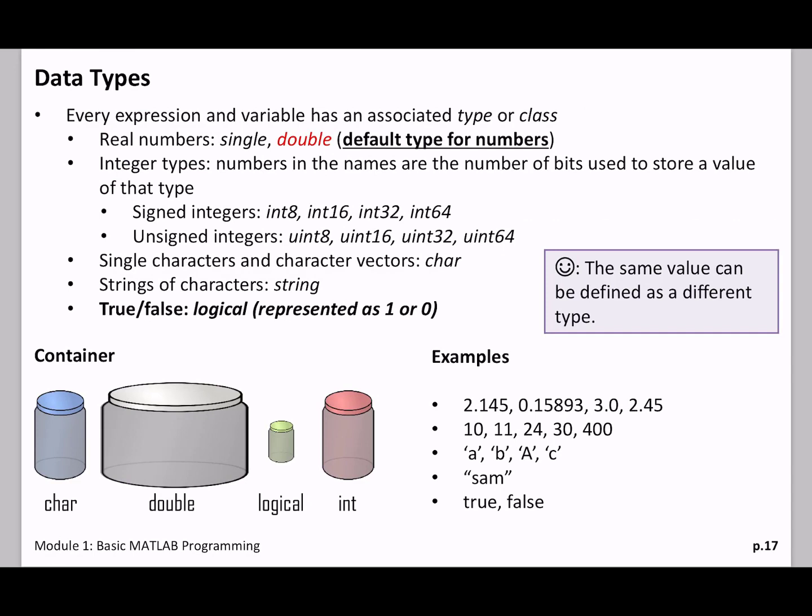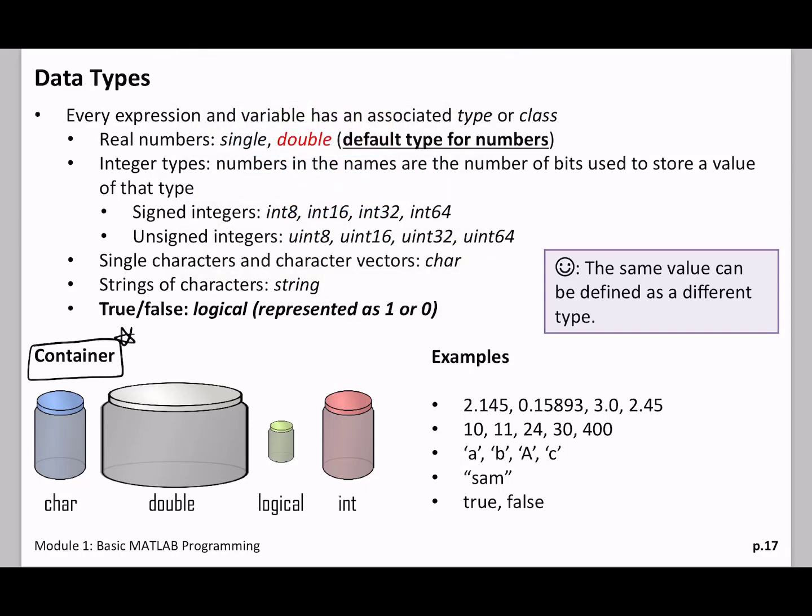Okay, so the next topic is the data type. Every expression and variable has an associated type or class. Humans don't pay attention to the size of a number, but the computer must, because it has to allocate memory to hold the number. Thus the type is important in every programming language. To understand the type, think of the type or class as a container.